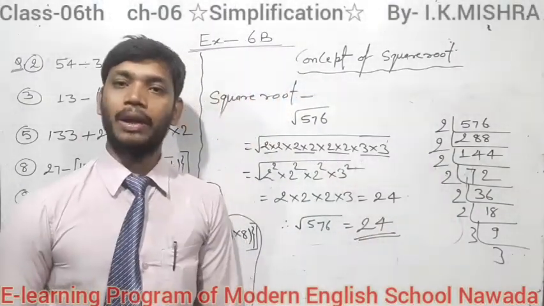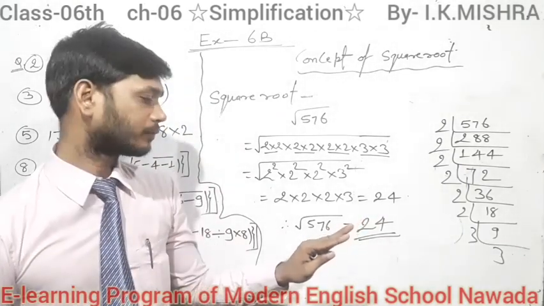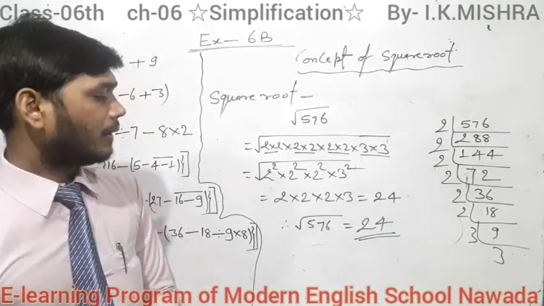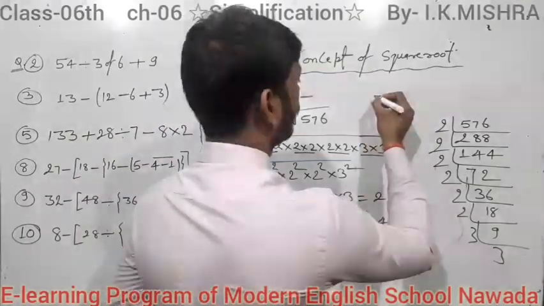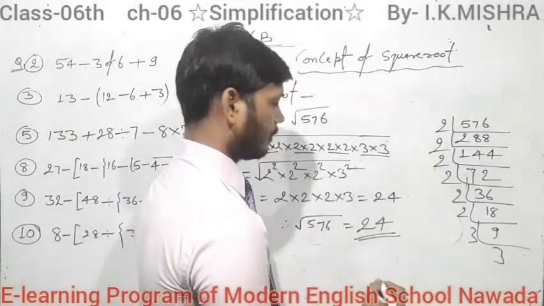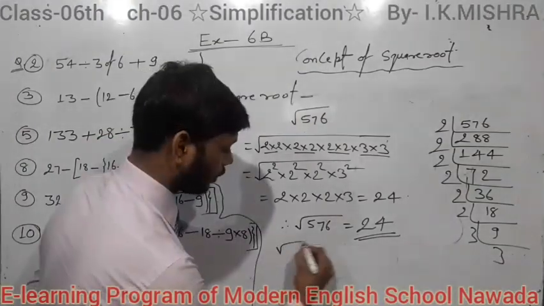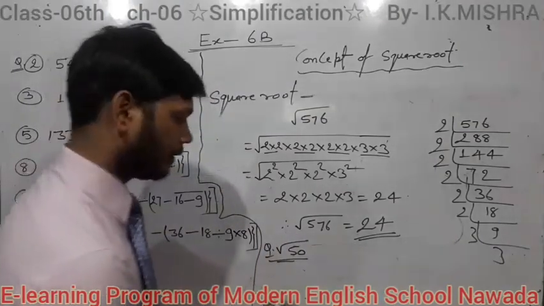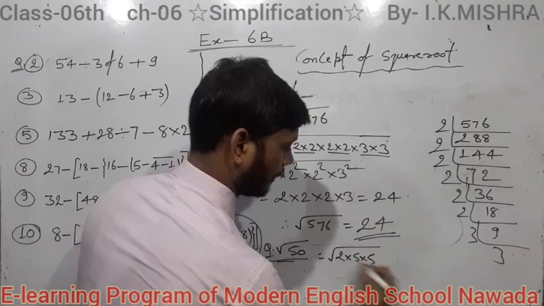Similarly, students, you can find the square root of any number. Suppose you have to find the square root of 50. Here it will be written 2 into 5 into 5.